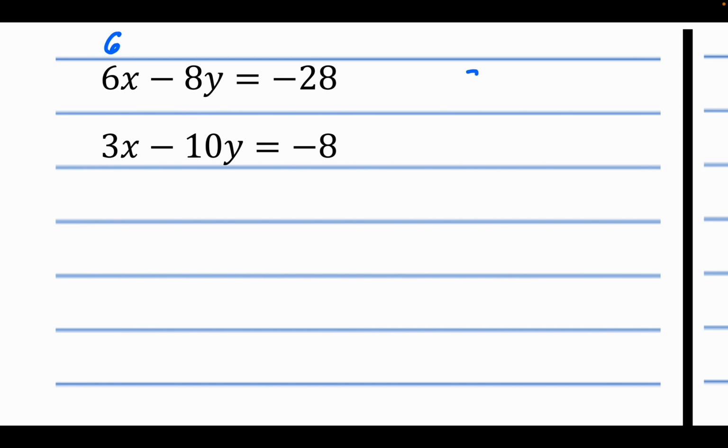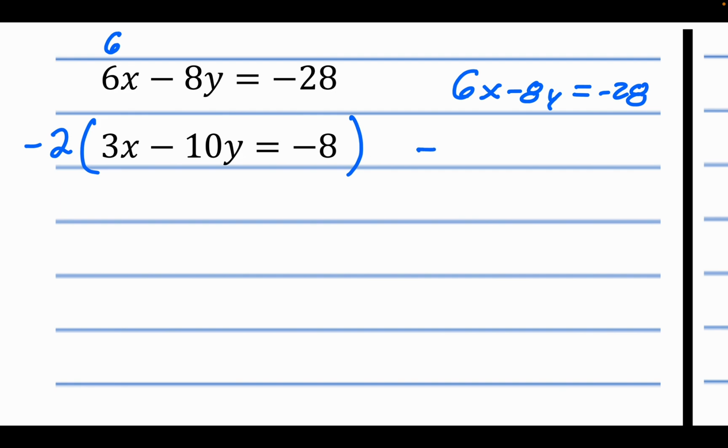We don't need to do anything to the top equation. So I'm just going to rewrite it right now. But the bottom equation, I need to double it. Now, while we're looking at it, we're also going to ask ourselves, are we opposite signs for the x's? And we're not.